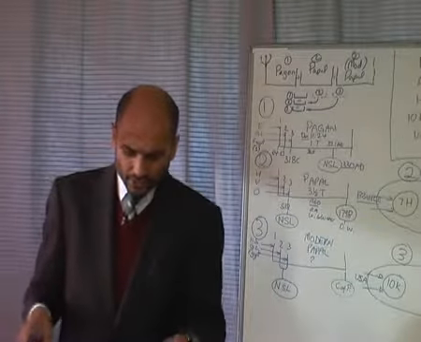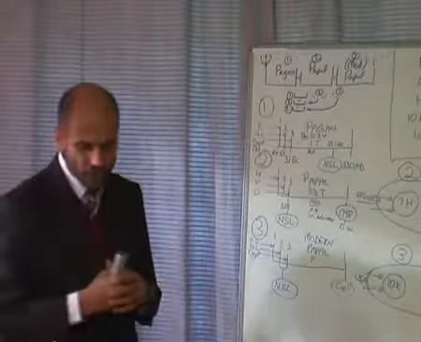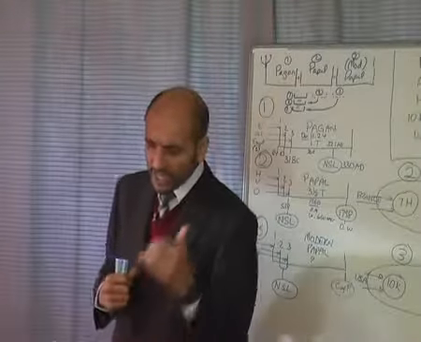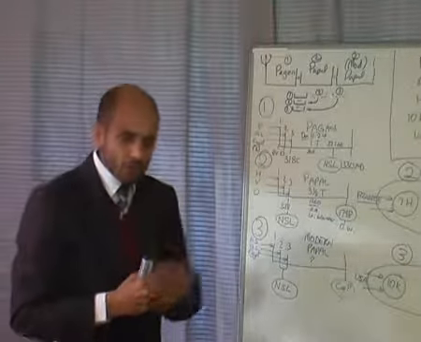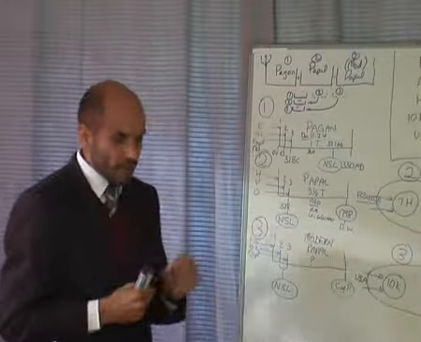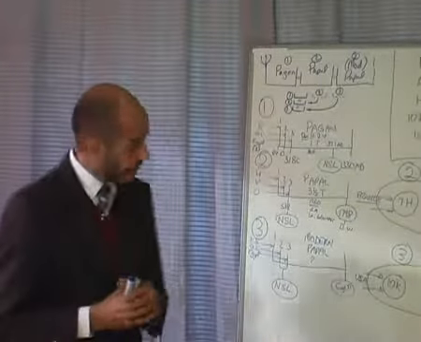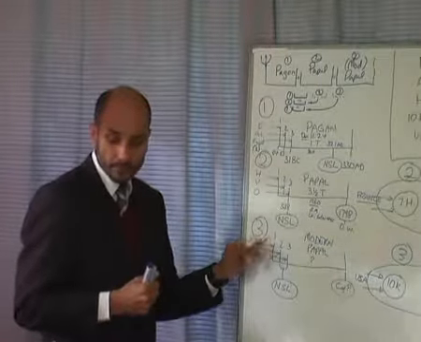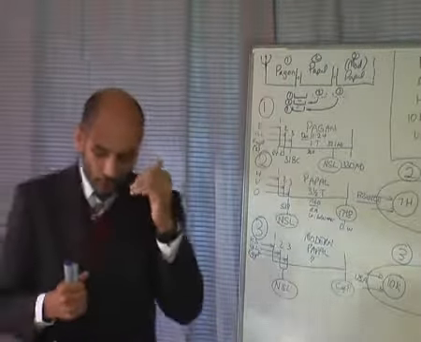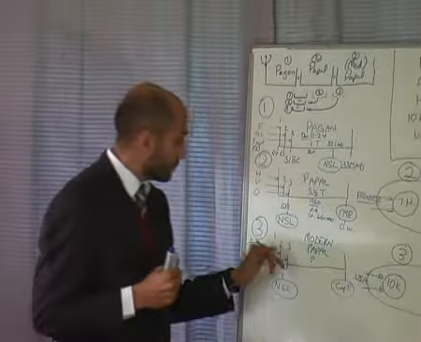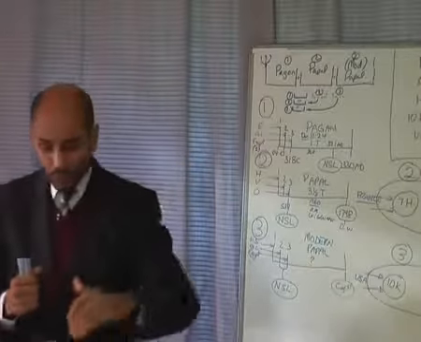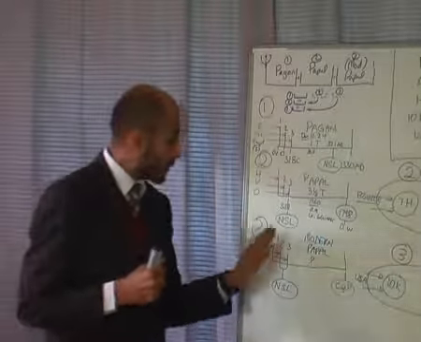So in Daniel 11, I'm not going to read all the verses, but we're going to be looking at verses 40 to 43. The first verse we're looking at, verse 40, deals with number 1. Verse 41 deals with number 2. And verses 42 and 43 deal with number 3.